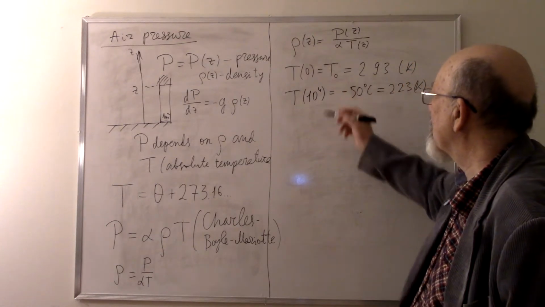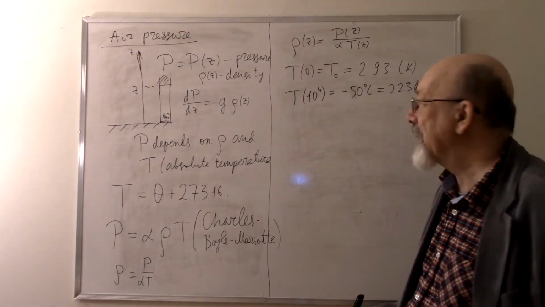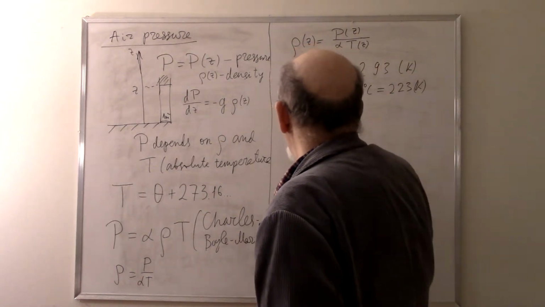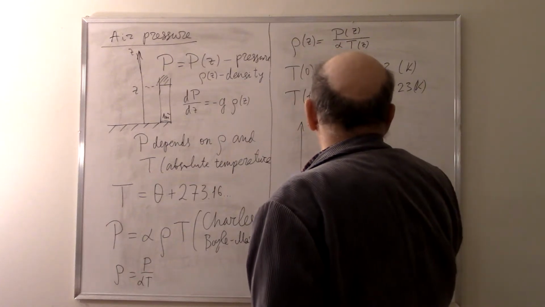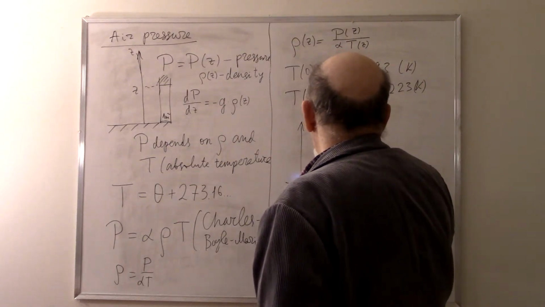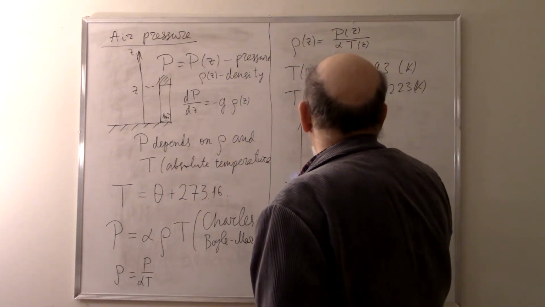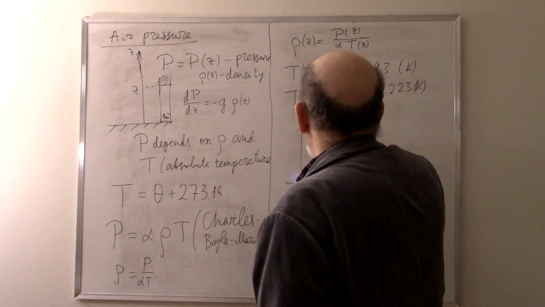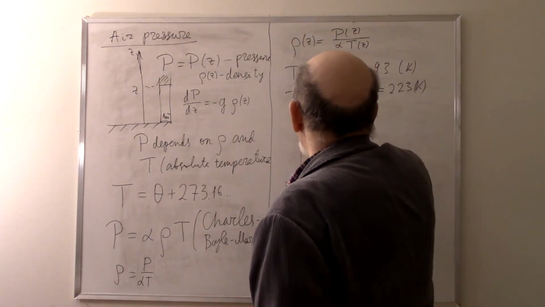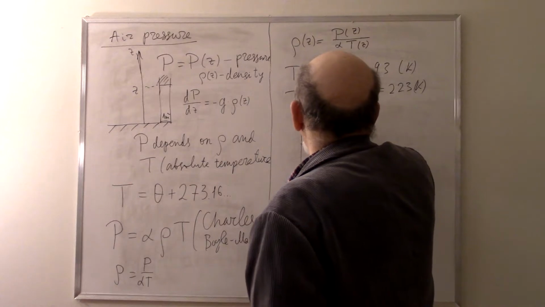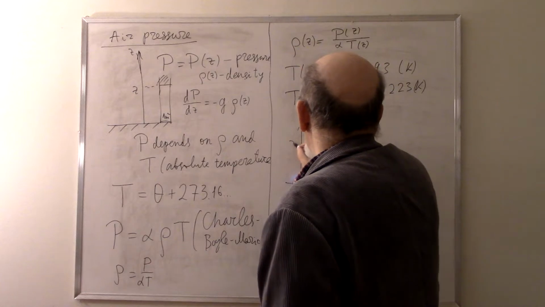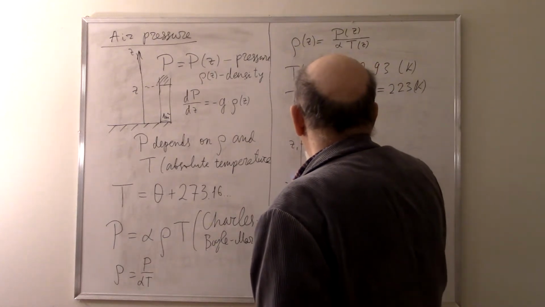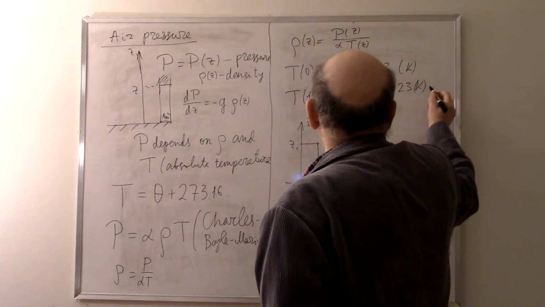So we have 2 points. Z, T: it is temperature at ground T0, and the temperature at Z1 equals T1.